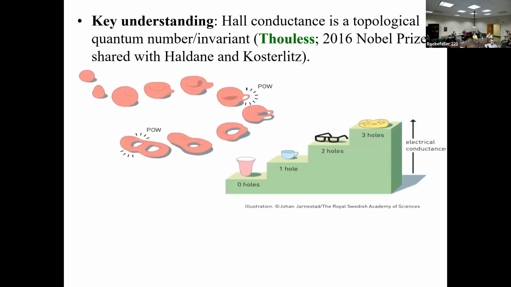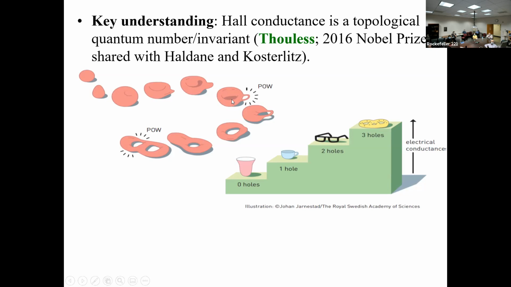So this is a plot I copied from the Nobel Foundation at the time of the announcement of the 2016 Nobel Prize. Basically, if you work in a bakery, you can make all kinds of funny stuff with different numbers of holes. Okay, so this looks like a pretzel, but you can also make a cup out of your flour.